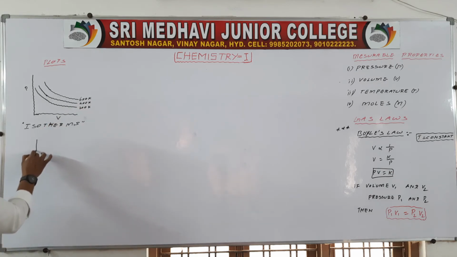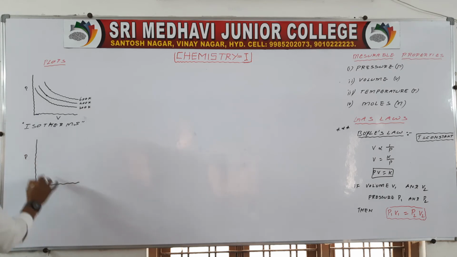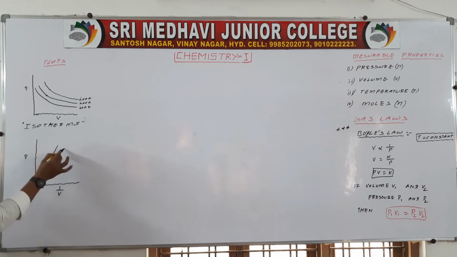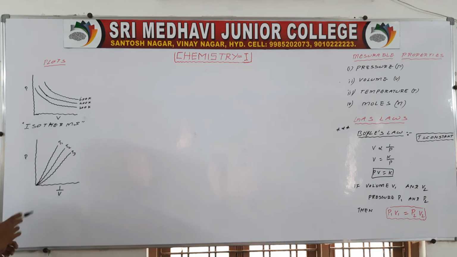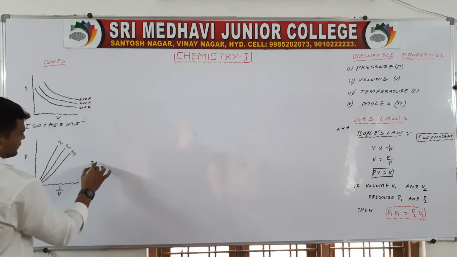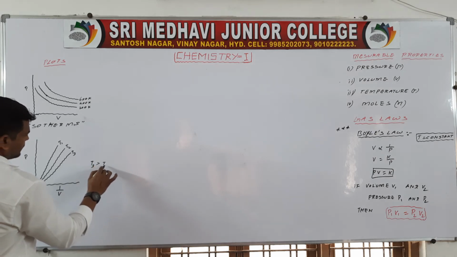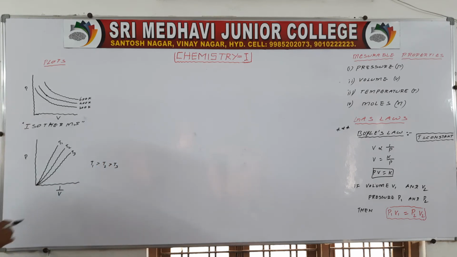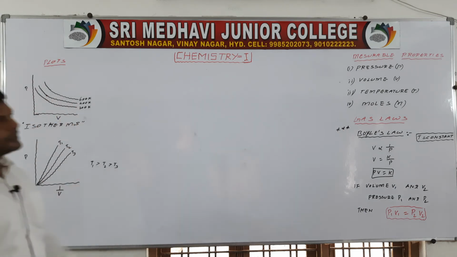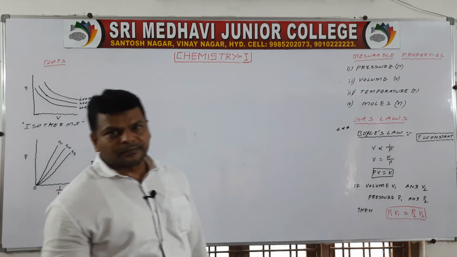If you draw a plot between pressure and 1 by V, you will get a straight line which touches the origin. These are T1, T2, T3, where T3 is greater than T2 is greater than T1. So P is proportional to 1 by V. These are the plots for Boyle's law.